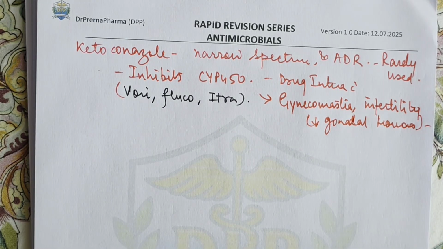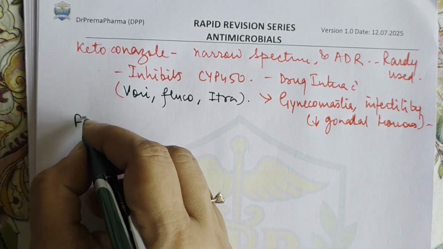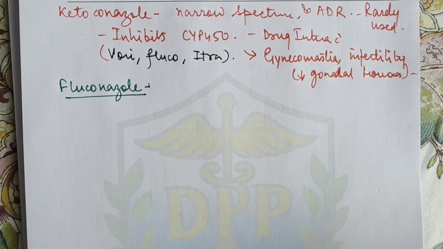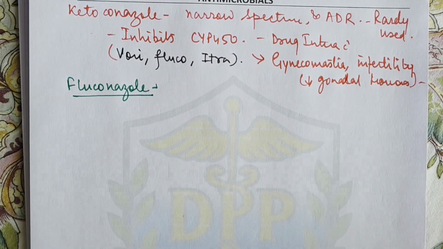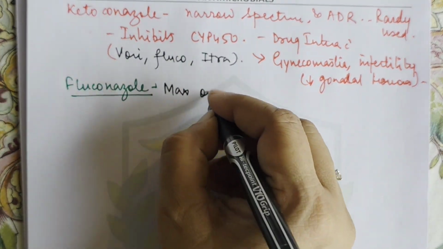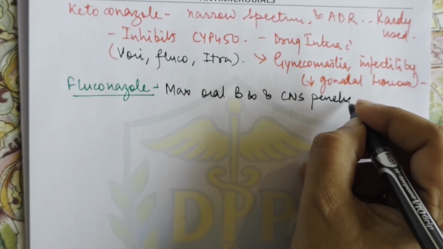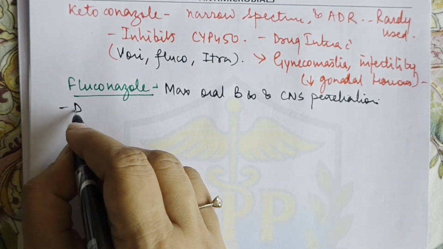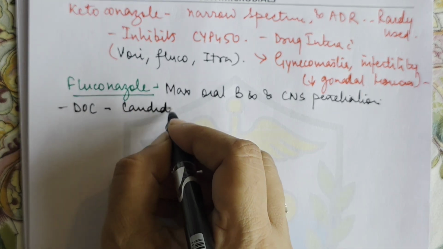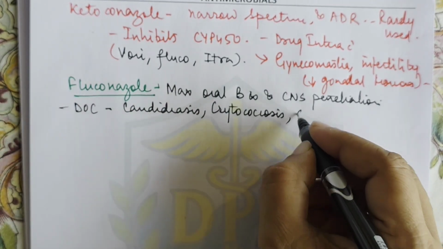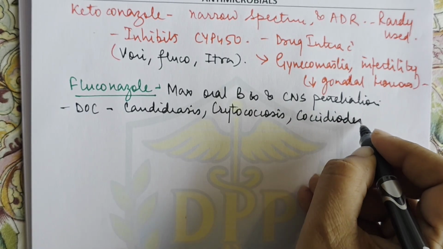Okay, then the next drug that we have is fluconazole. Fluconazole has maximum oral bioavailability and also CNS penetration, right? It is the drug of choice for candidiasis, cryptococcosis and coccidioidomycosis.